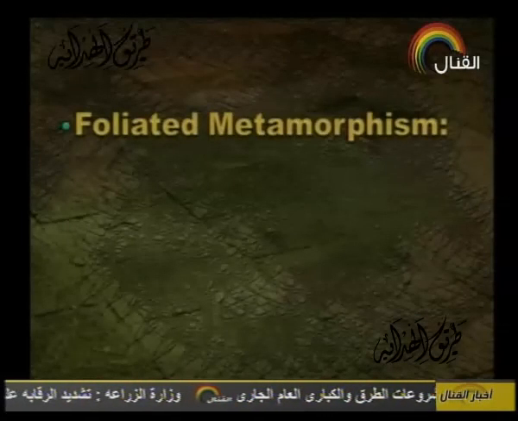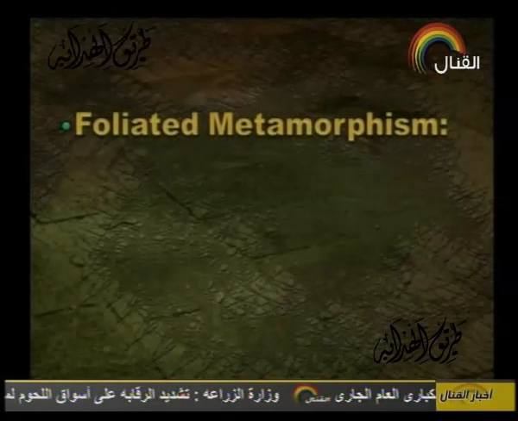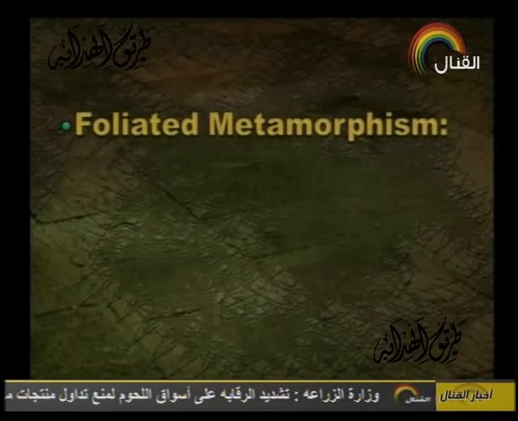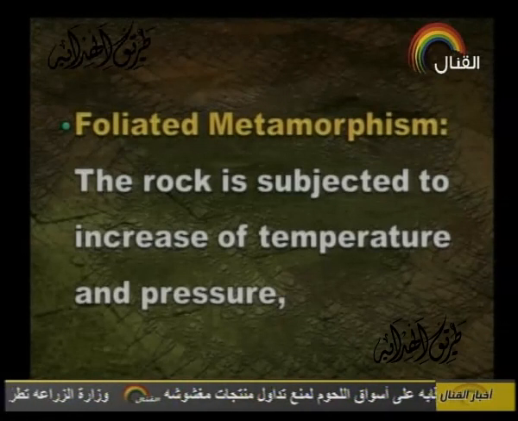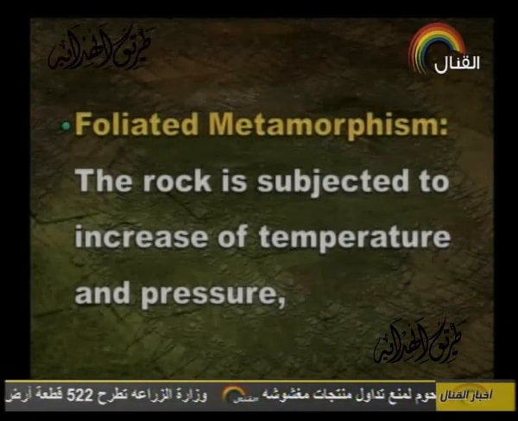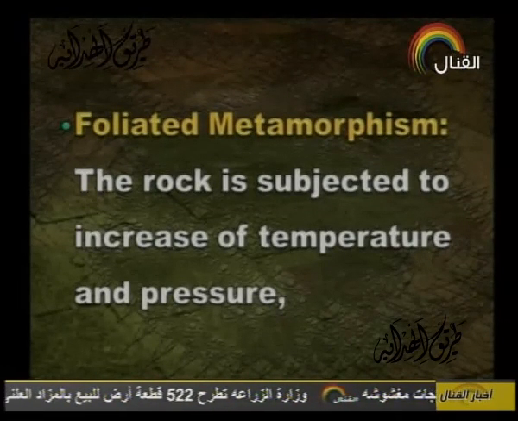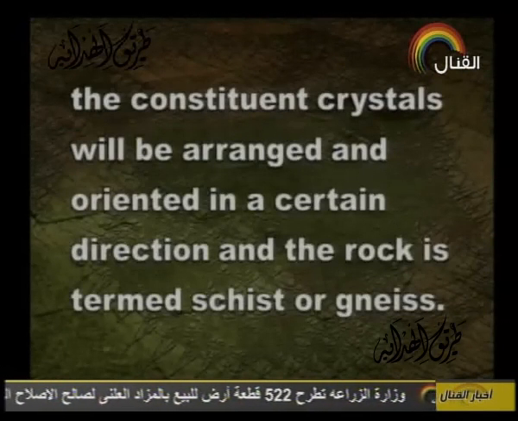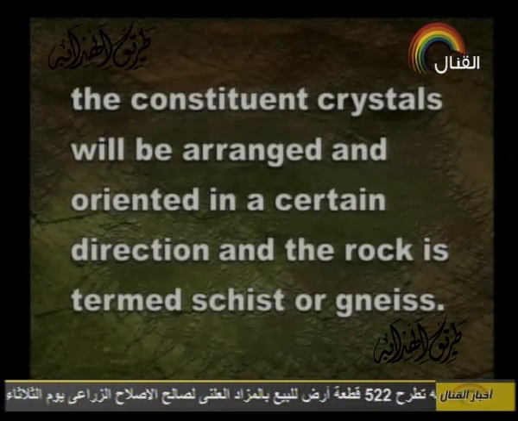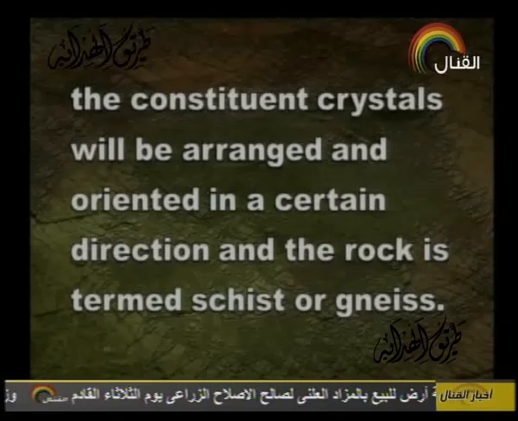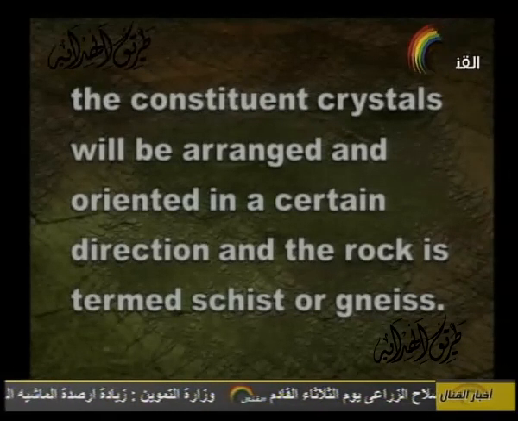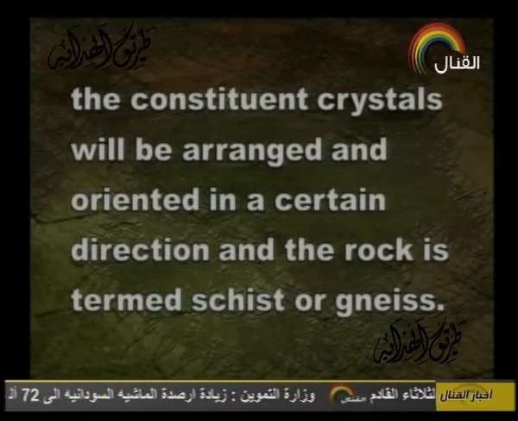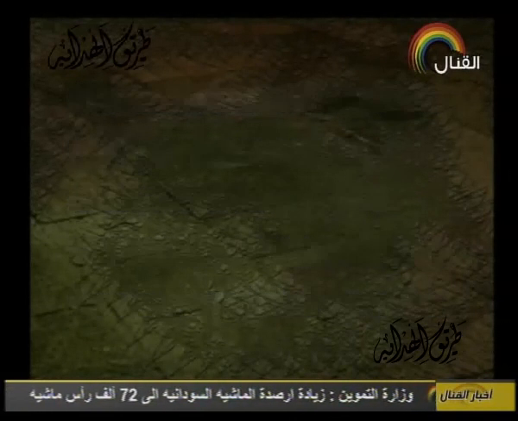Now, my dear students, the second type of metamorphism is foliated metamorphism. In this case, the rock is subjected to an increase of temperature and pressure. The constituent crystals will be arranged and oriented in a certain direction, and the rock is termed schist or gneiss.